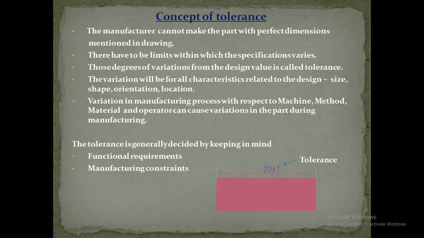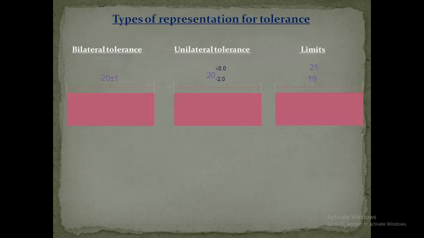The tolerance is generally decided by keeping in mind functional requirements and manufacturing constraints. The larger the tolerance, the easier to manufacture the product, but the decision of tolerance depends on the functional requirement and manufacturing constraints.